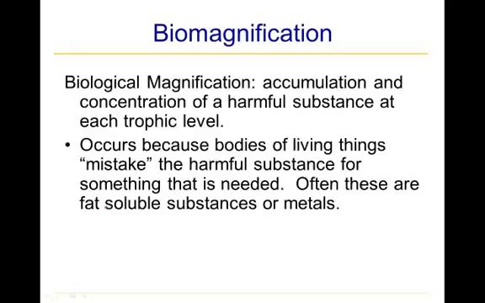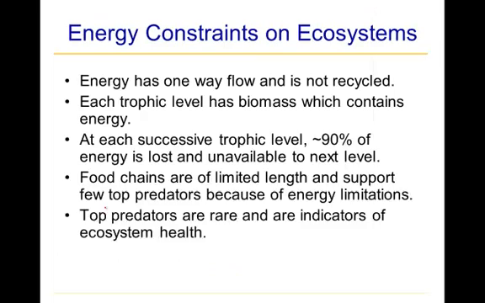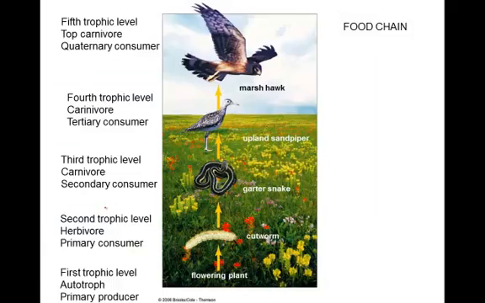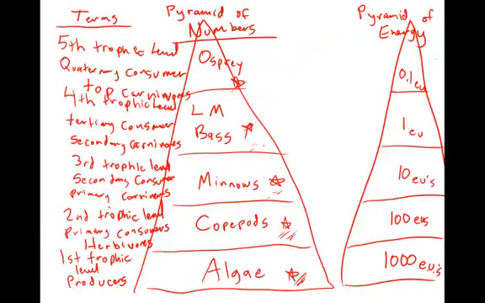In order to illustrate this point, I think we ought to go back to our drawing with the pyramid. It'll look kind of funny to you, but we'll get back to these drawings. Here we are. I want you to draw a third pyramid here. The shape doesn't look conducive to a regular pyramid, and that's okay, because we're not going to draw a regular pyramid. We're going to draw an inverted pyramid of biological magnification.